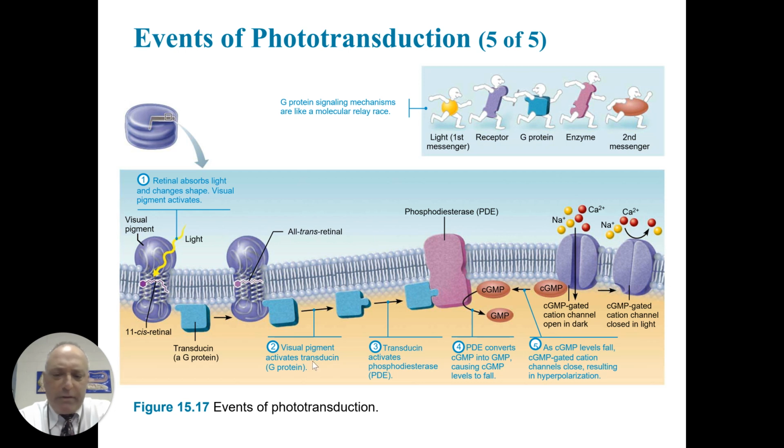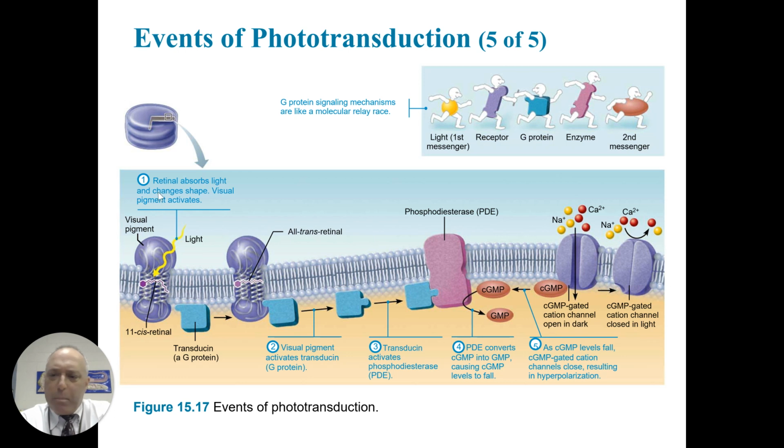Once transducin is activated, it then activates what's called a phosphodiesterase, which then converts cyclic GMP into GMP. cGMP levels fall. There are ion channels that are sensitive to this process that then close, and the result is hyperpolarization because you're closing your ion channels and the cell hyperpolarizes.